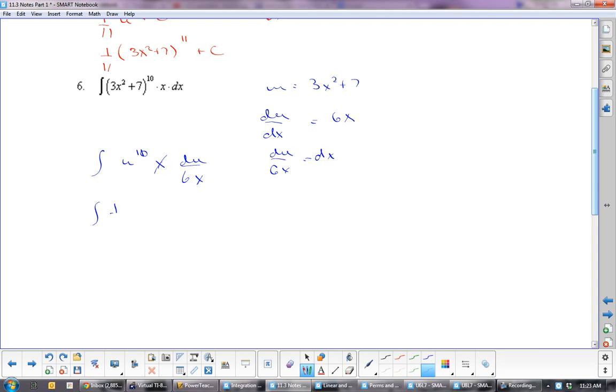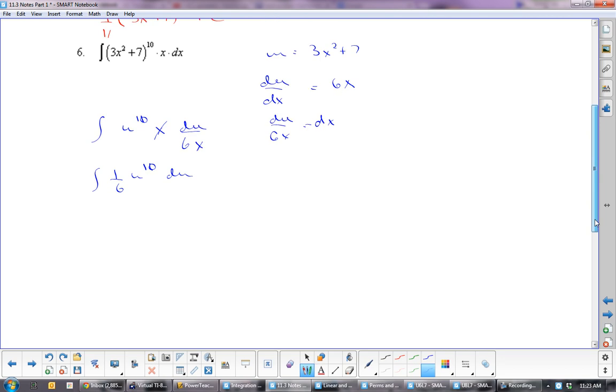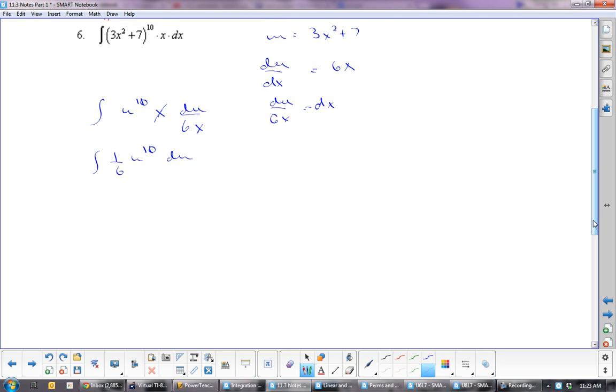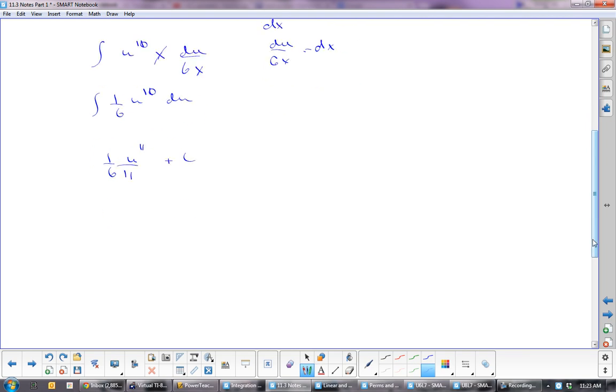And I'm doing the integral of 1/6 u to the 10 du. Okay, so I'm going to go 1/6 u to the 11 over 11 plus c, which is 1 over 66 u to the 11 plus c. Plug in u now, 1 over 66 (3x squared plus 7) to the 11 plus c.